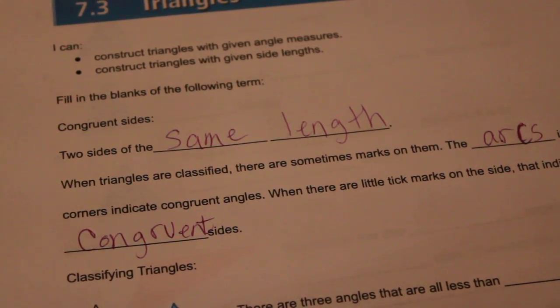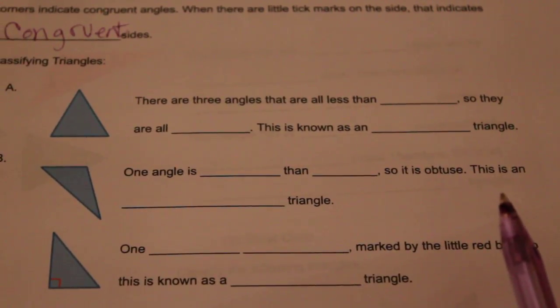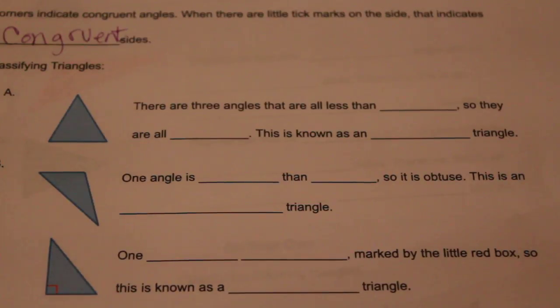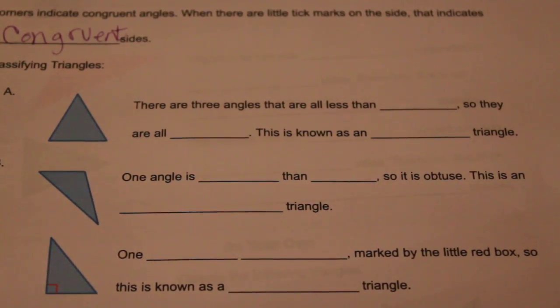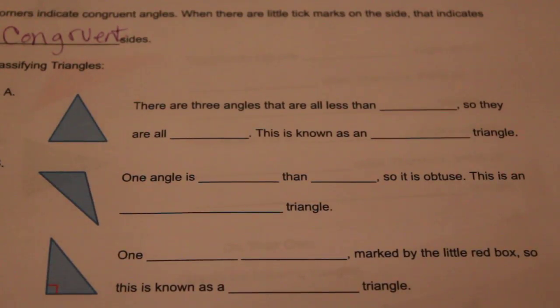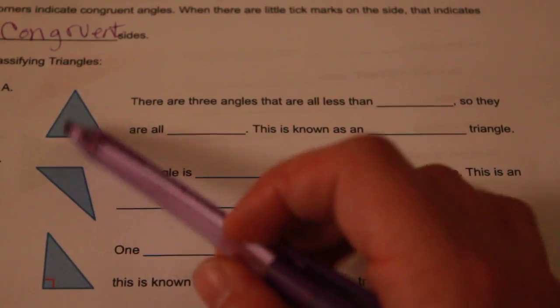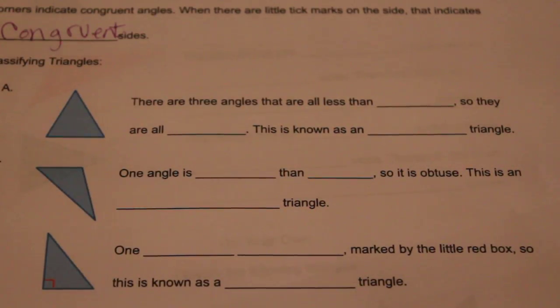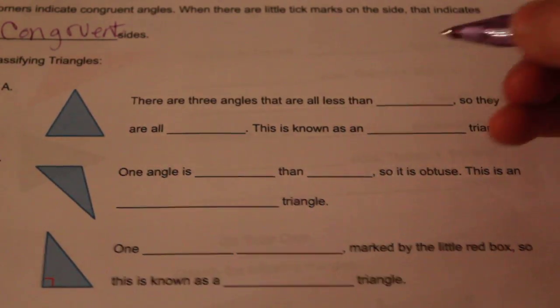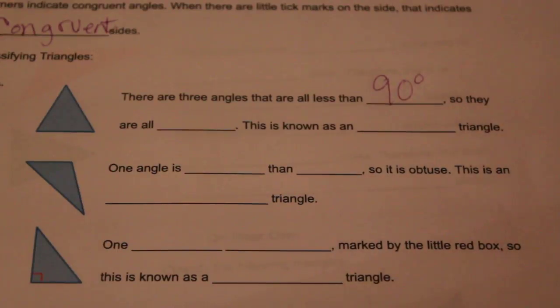All right. Now, there are multiple ways to classify these triangles. First ones we're going to look at are based on the angle: acute, obtuse, right, and equiangular. The first one, there are three angles. We can tell that they are all less than 90 degrees.